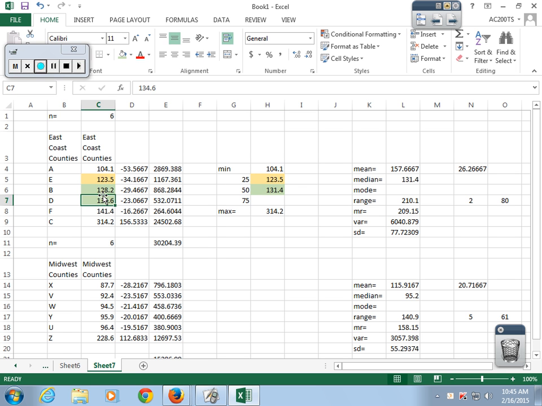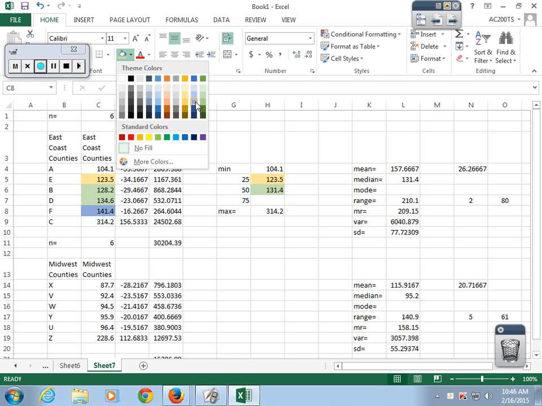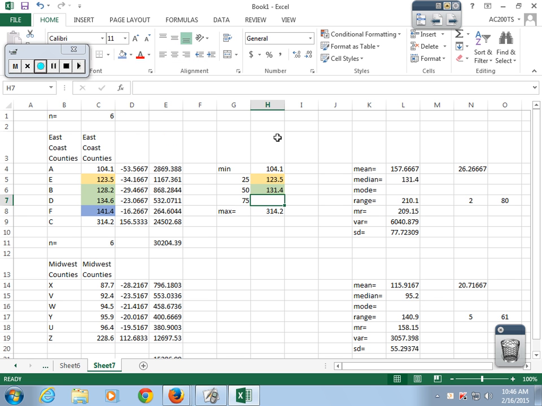And then how many numbers are above this cross right here? 3. So your third quartile is that number right there. That's why I think this is silly. 5-number summary on 6 numbers is silly. There you go. There's your 5-number summary.